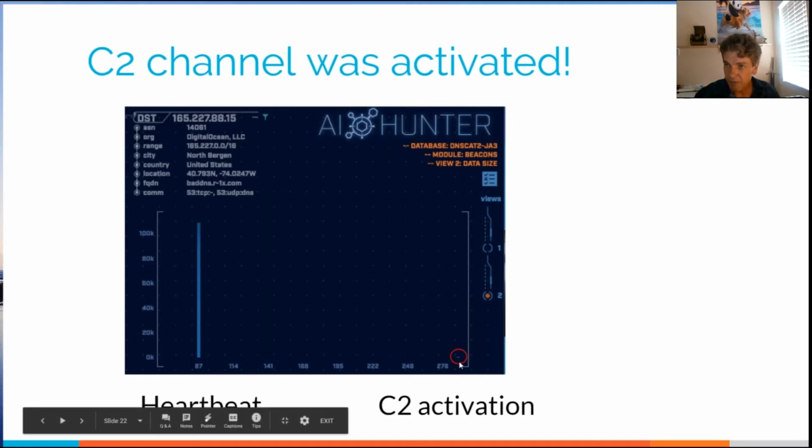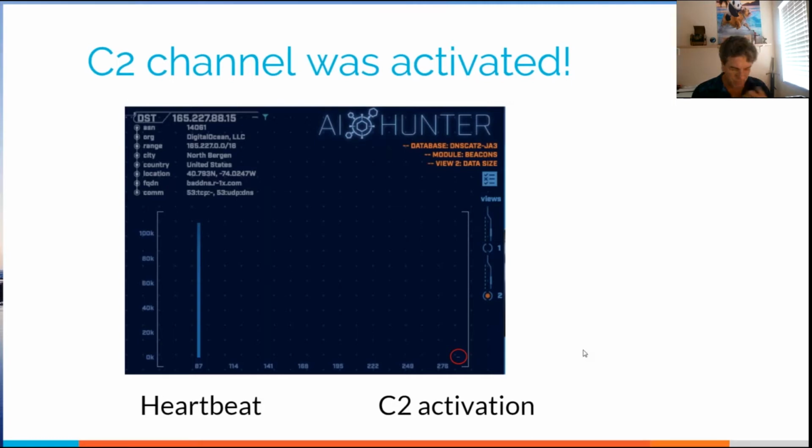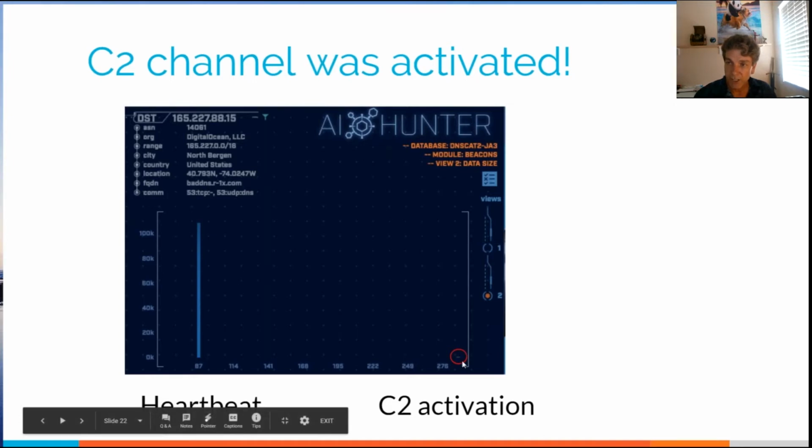Now, if you look up here, right around 300 bytes, notice I got a single data point here. This tells me over the 24-hour period of time this was activated. So, with AI Hunter, we're not only telling you, hey, you've got a C2 channel you need to worry about, we're telling you it was activated in the previous 24 hours, and we don't know what data was exchanged, but it resulted in 300 bytes being transferred.